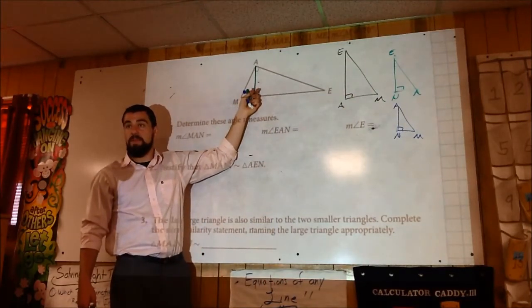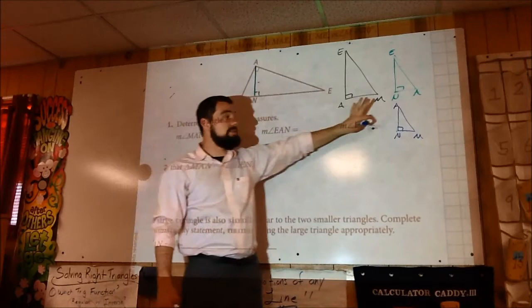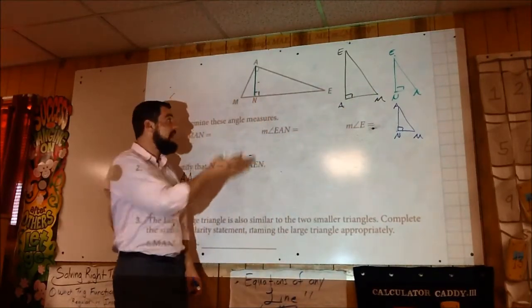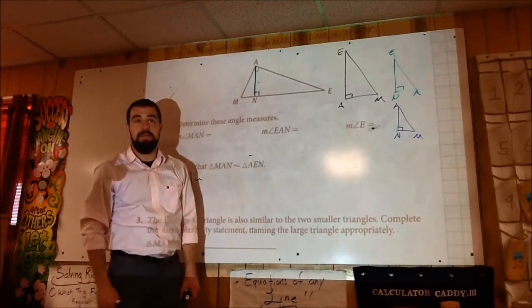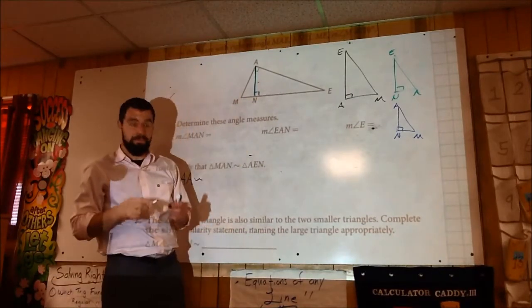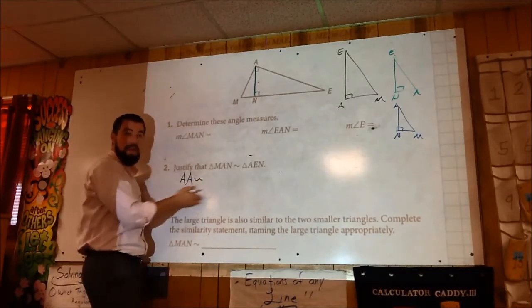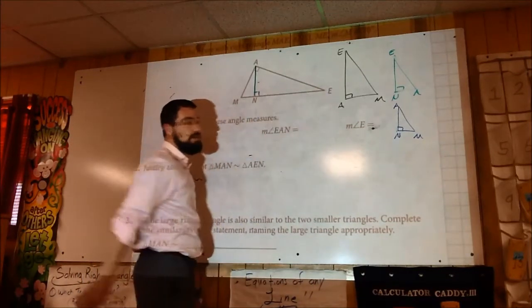We agree? You don't have to do this, but this is the way that my mind works. I can figure out the corresponding angles, but it's much easier just to look at this. So whatever 2 angles you wanted to write here, just make sure that they truly are congruent corresponding.